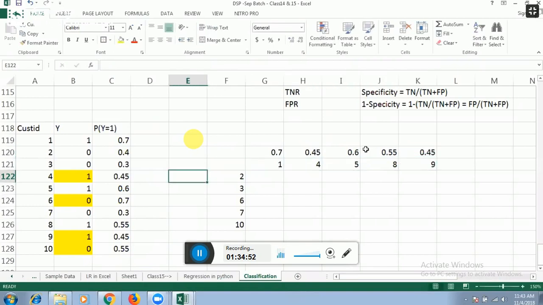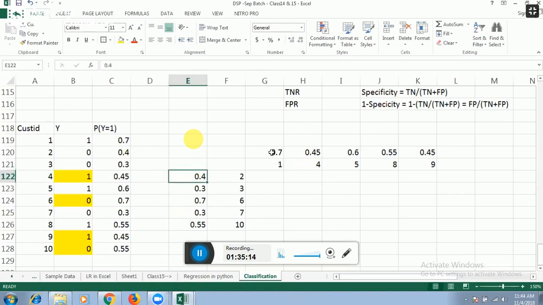And what about the zeros? 0.4, 0.3, 0.7, 0.3, 0.55, right? Now ideally, if my model is good, I should have a higher probability for ones and a lower probability for zeros.